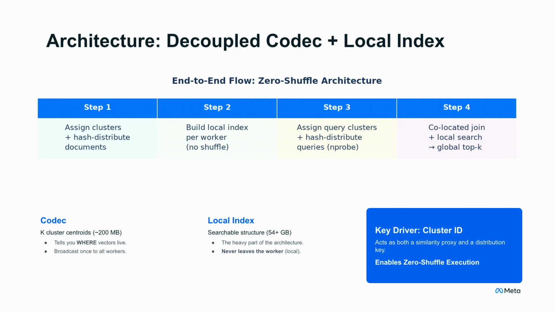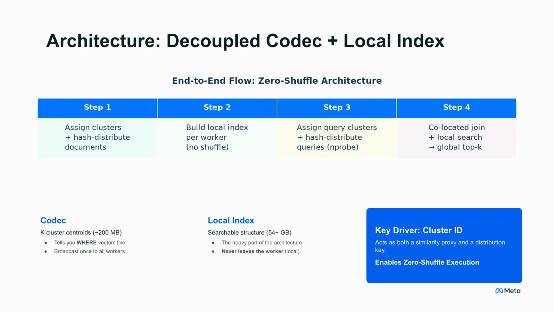So the elegant part here is when we partition the vector space into clusters, the cluster ID serves a dual purpose. It is both a similarity proxy. It is also a distribution key. So this makes zero-shuffle vector search possible. On the slide, I also showed the steps.